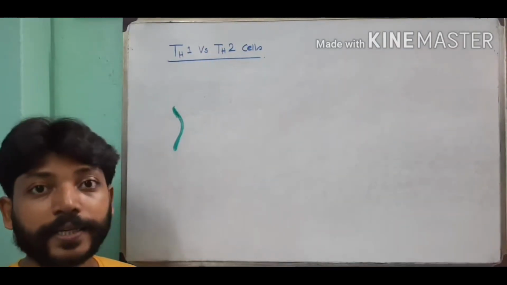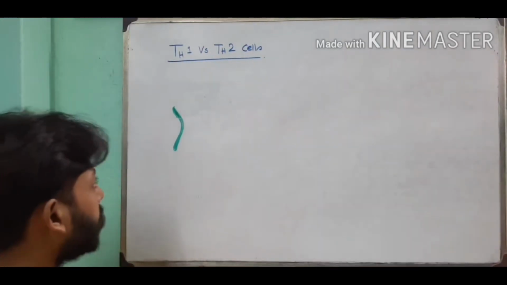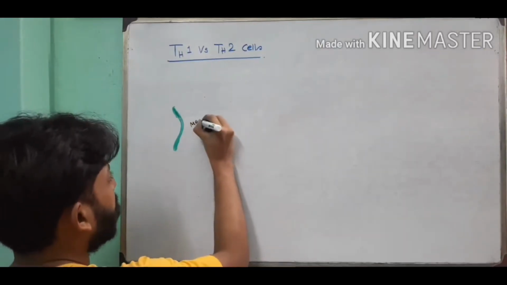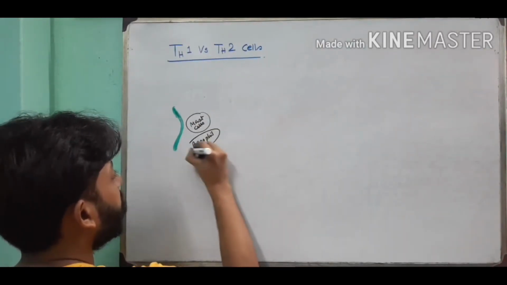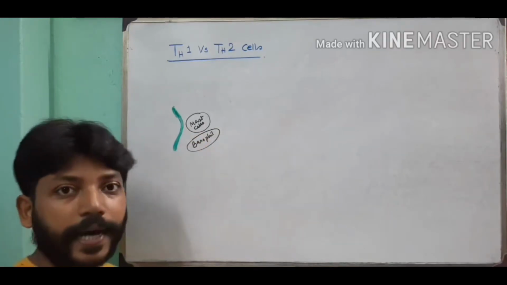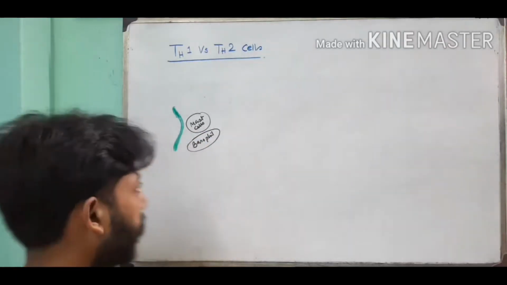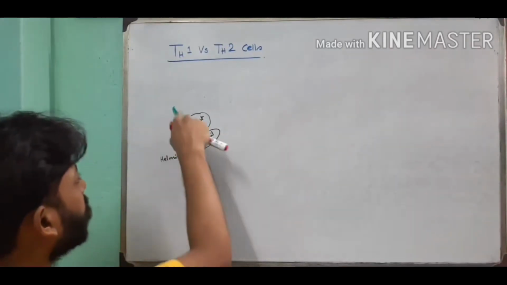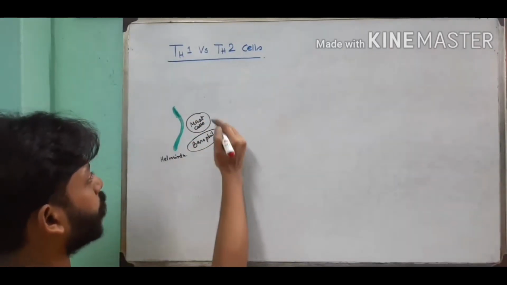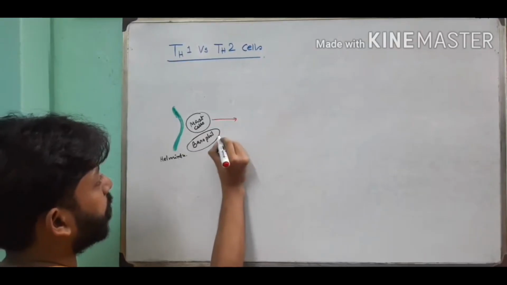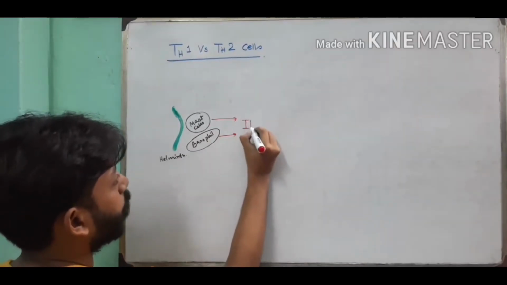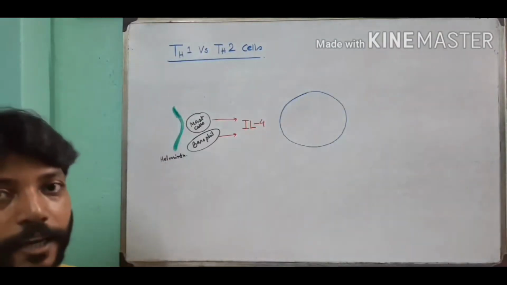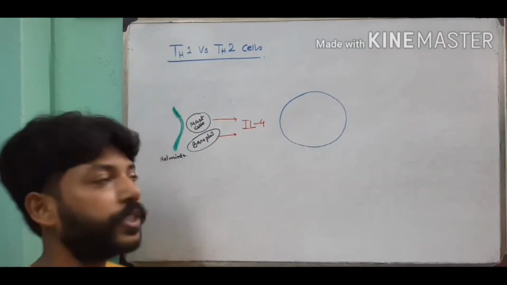This helminth has chitin, and other immune cells like mast cells and basophils can sense the chitin of this helminth. So in response to this chitin or this helminth, the mast cell and basophil can secrete a chemical called IL-4, and in response to this cytokine, any naive TH cell can become a TH2 cell.